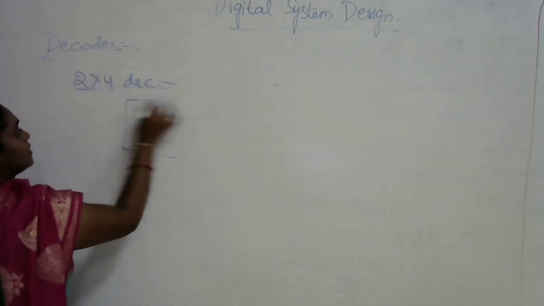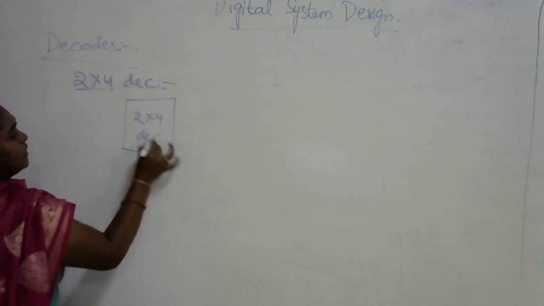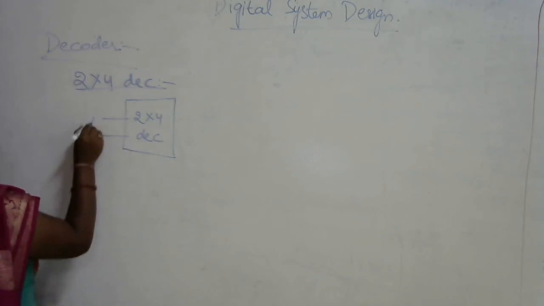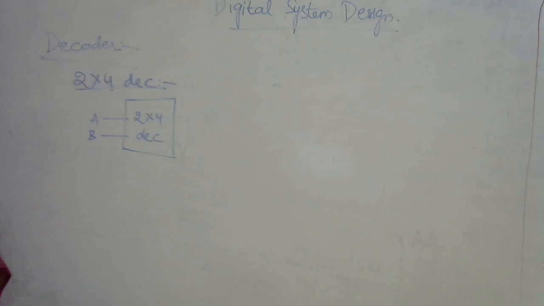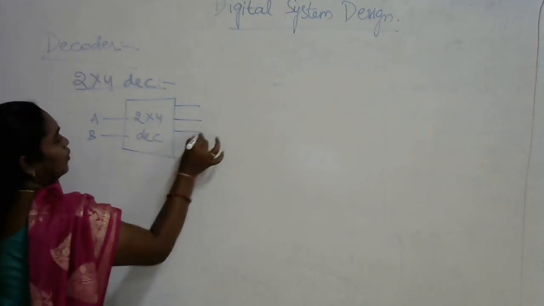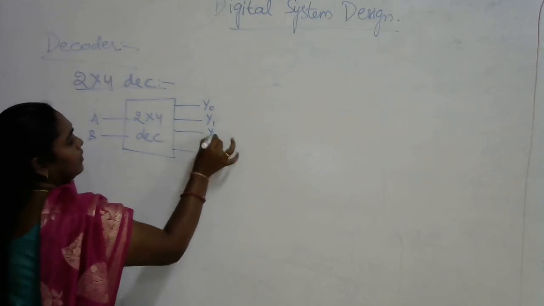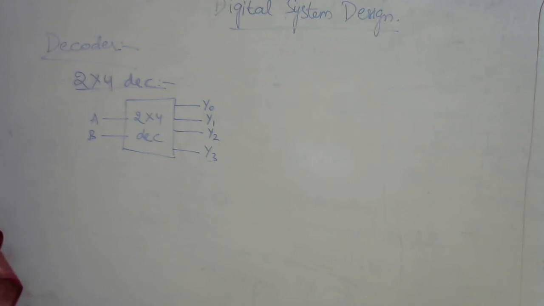The block schematic of a 2 by 4 decoder can be drawn such that this is the size of the decoder. It consists of two inputs. I am assuming those two input variables are A and B, and it consists of 4 outputs. Those 4 outputs are y0, y1, y2, y3, or you can take any variable and represent them as 0, 1, 2 and 3.